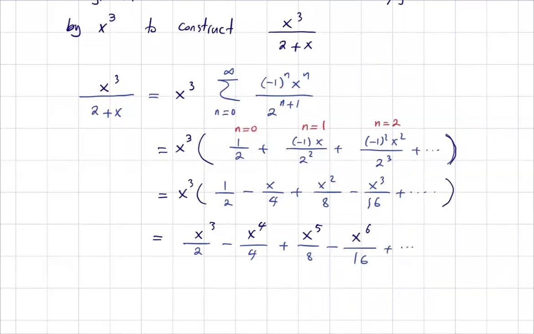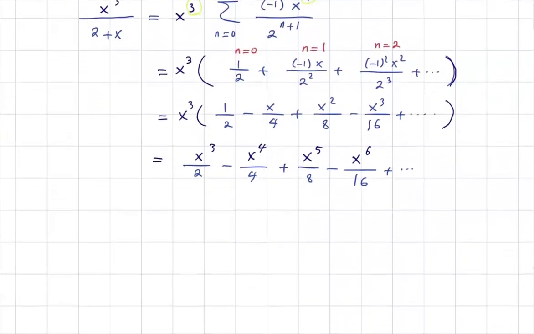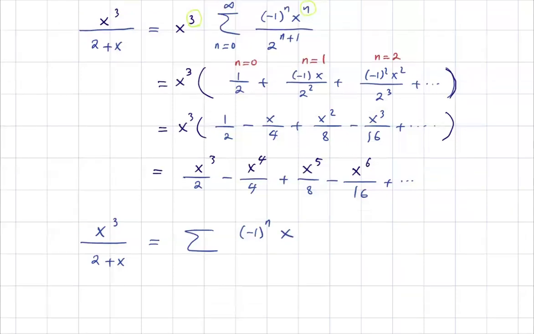Isn't that interesting? So what happened here? We only changed the power for x, all right? Now your x just has power n plus 3. So to summarize everything, x cubed divided by 2 plus x can be approximated by the summation of negative 1 to power n, x to power n plus 3 divided by 2 to power n plus 1, and start from 0 goes to infinity.